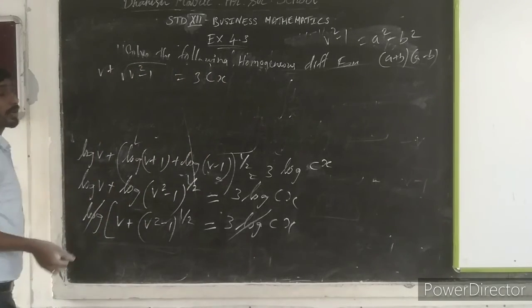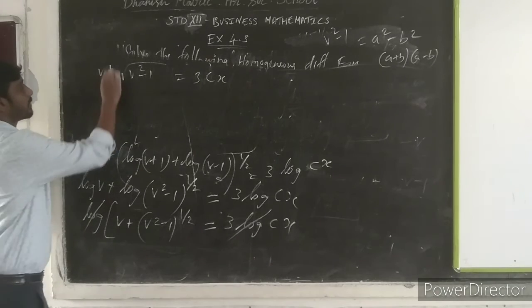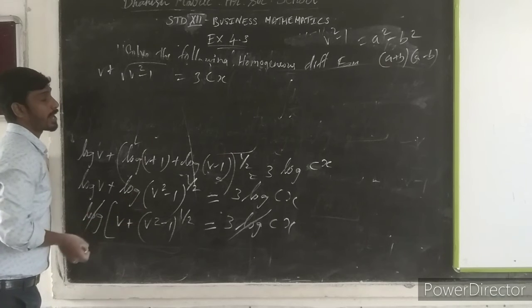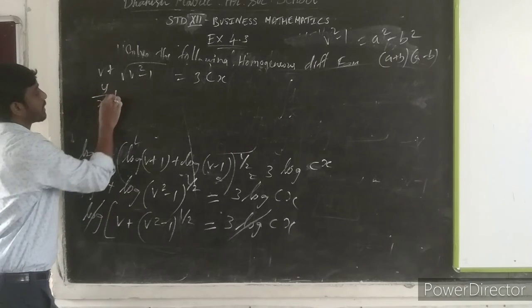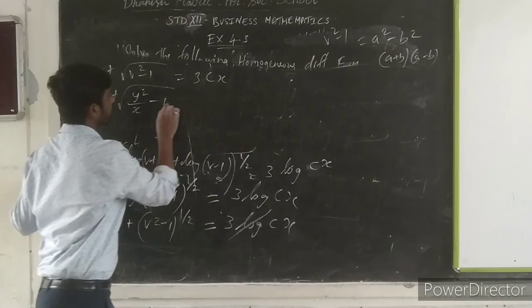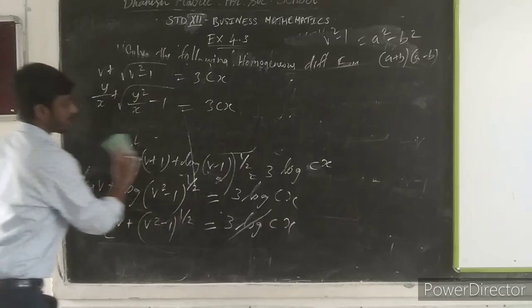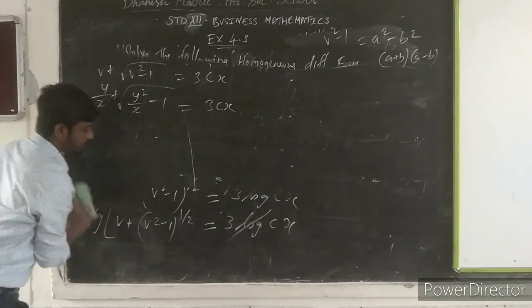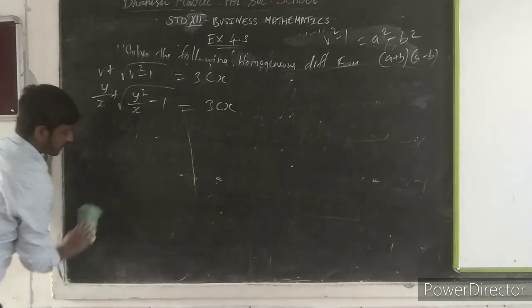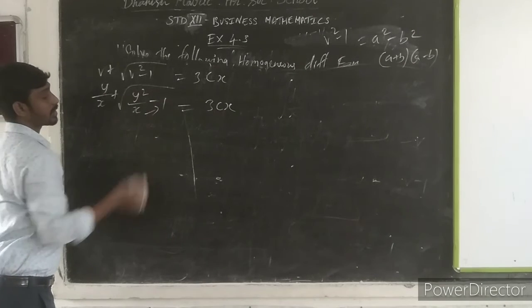So here we apply the v value. V is equal to y divided by x, so y divided by x plus root of y square divided by x square minus 1 equal to 3cx here. Then the same procedure we used in the last session for the final answer, the same method we apply here.